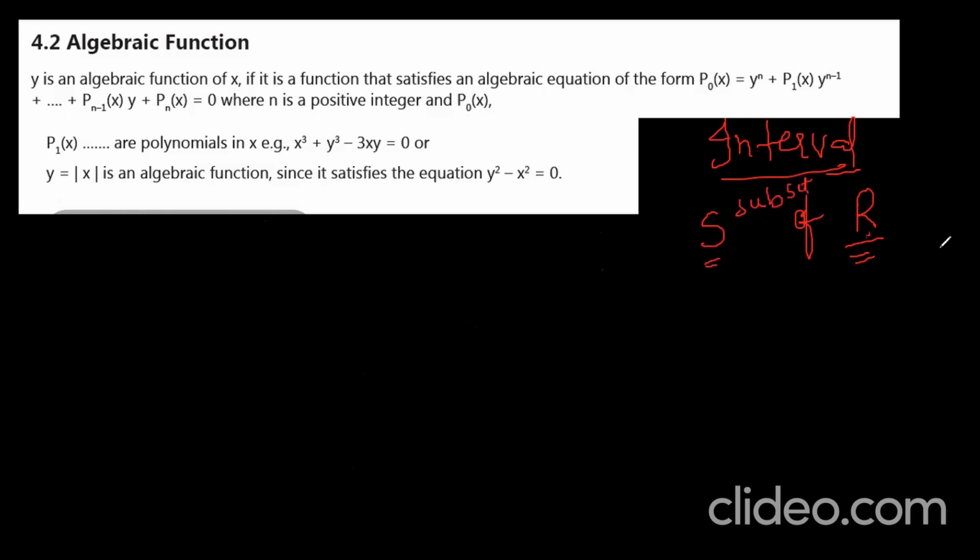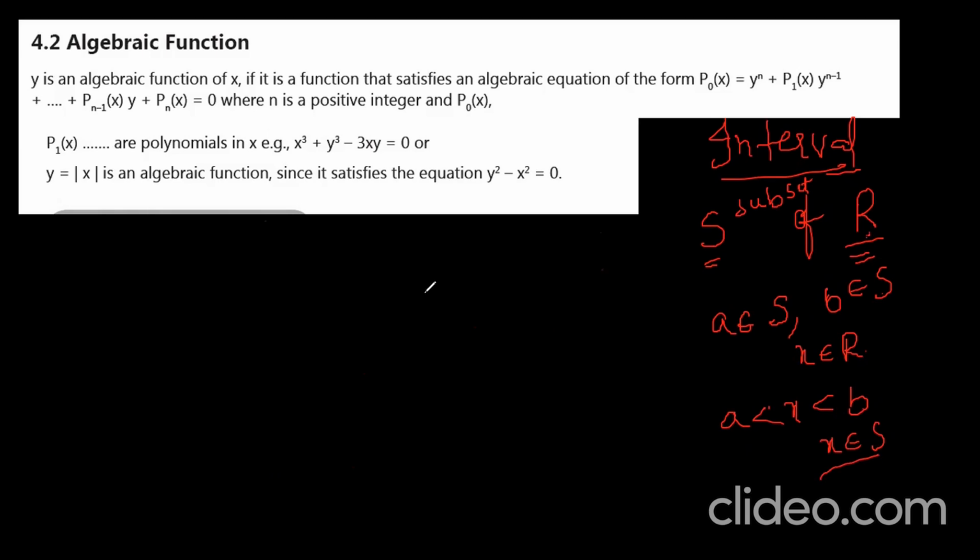A subset S of R is said to be an interval if a belongs to S, b belongs to S, and x belongs to R in such a way that x lies between a and b, then x belongs to S. You see, this is how we define an interval.